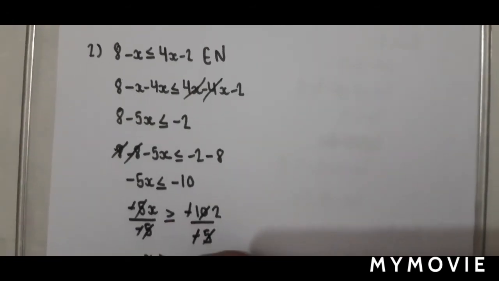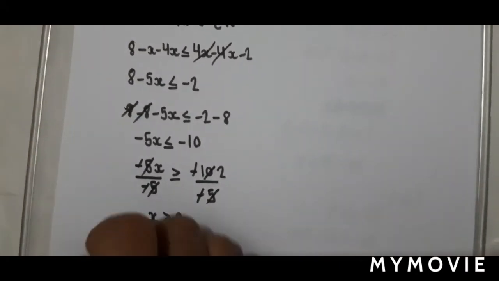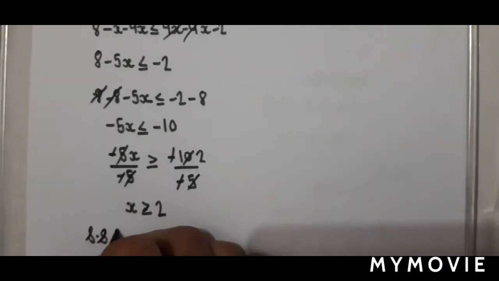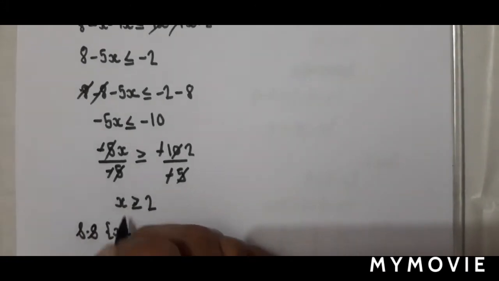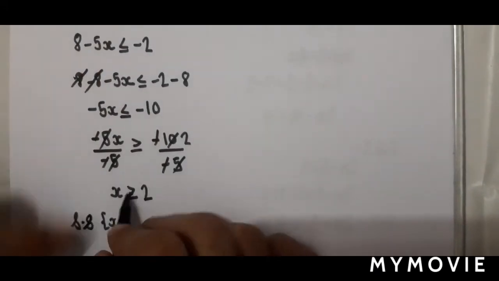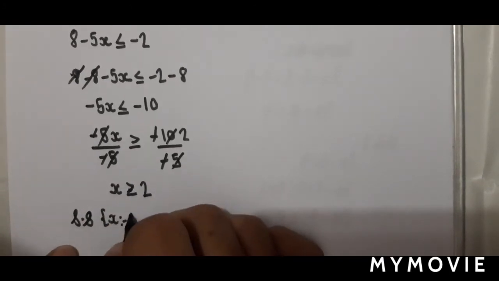So x is greater than or equal to 2. So let's take the solution set. In short form I am writing SS. So the solution set will be, see, x is greater than or equal to 2, so we should take 2 also.